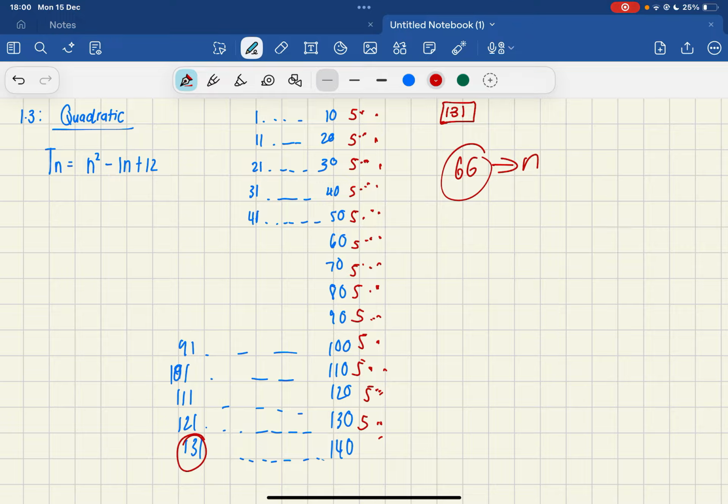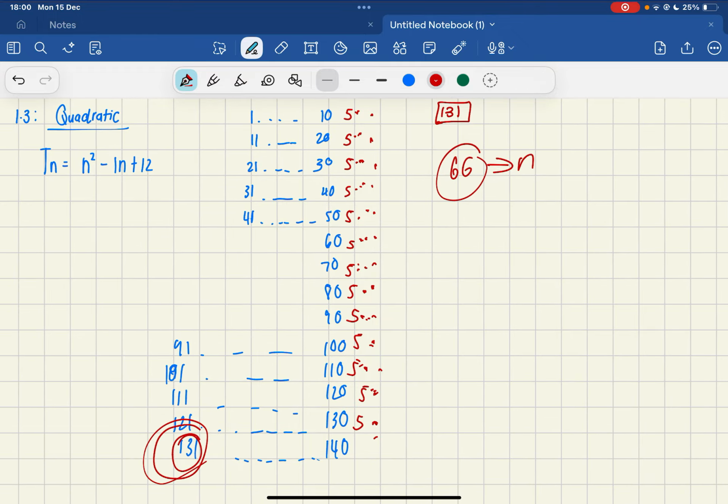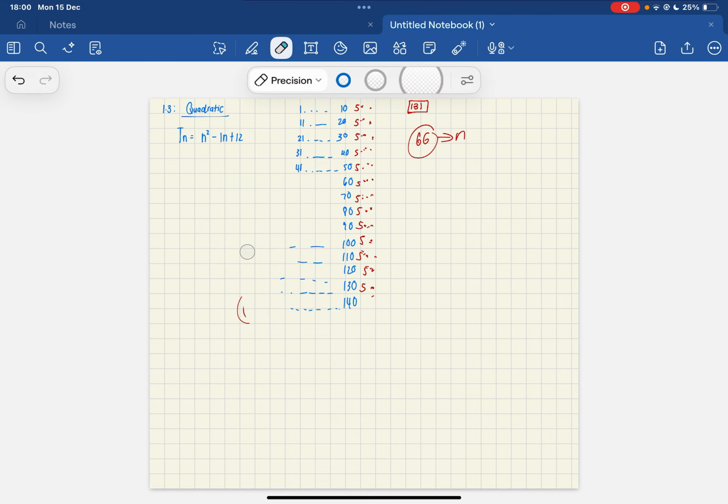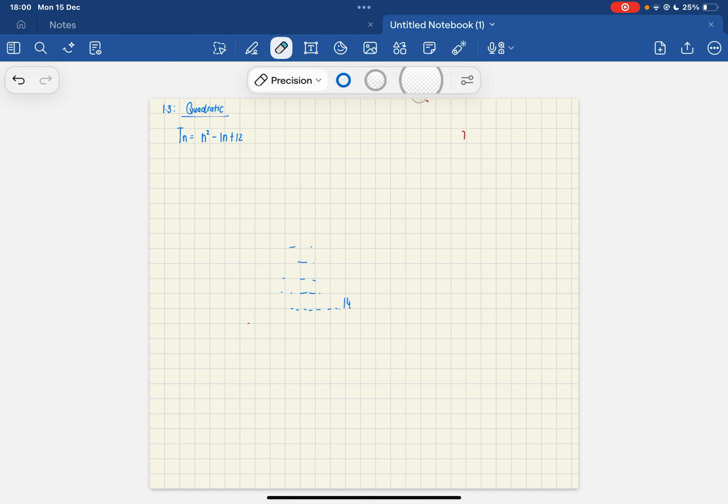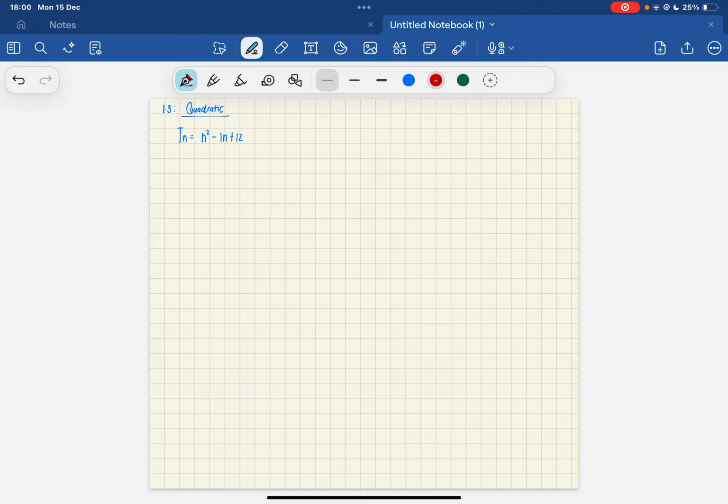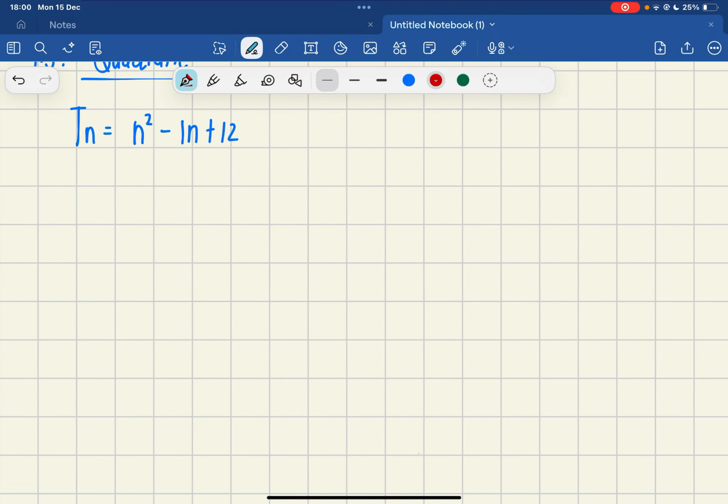Apologies, you're going to hear a dog bark. But yeah, for 131, we would get 66. Another way would just be saying 131 divided by 2.